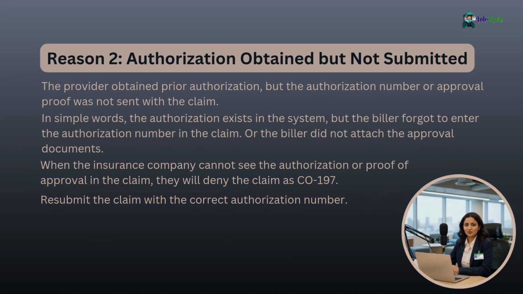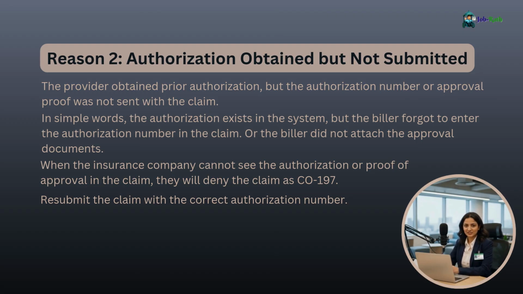Reason 2 is authorization obtained but not submitted. In this scenario, the provider obtained prior authorization, but the authorization number or approval proof was not sent with the claim. In simple words, the authorization exists in the system, but the biller forgot to enter the authorization number in the claim, or the biller did not attach the approval documents.